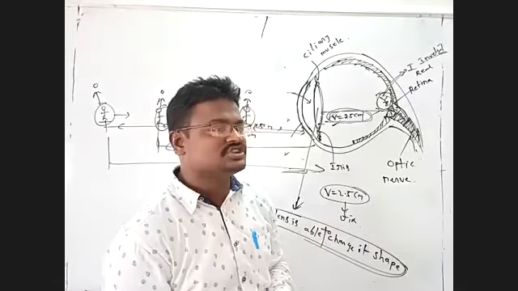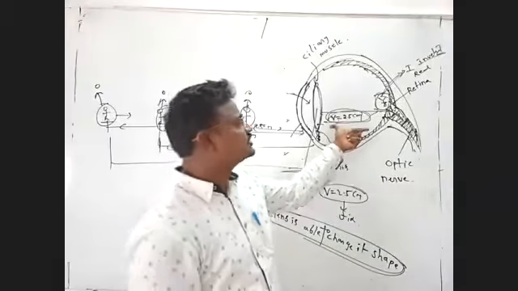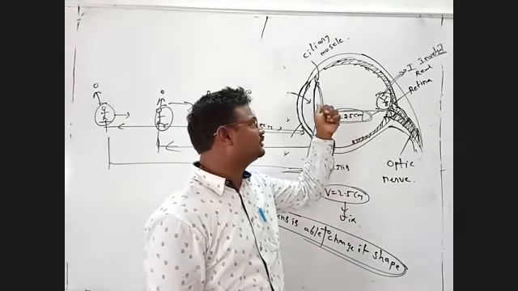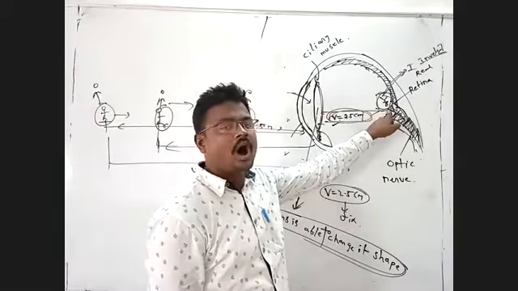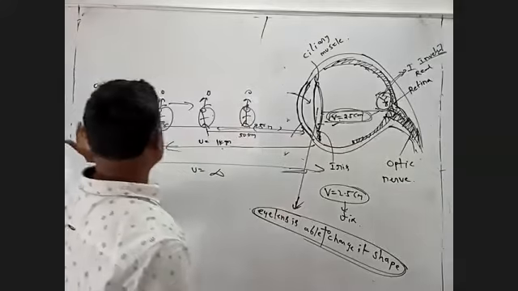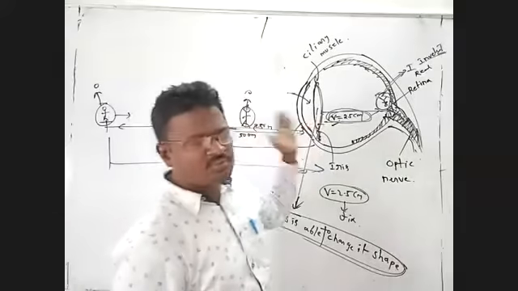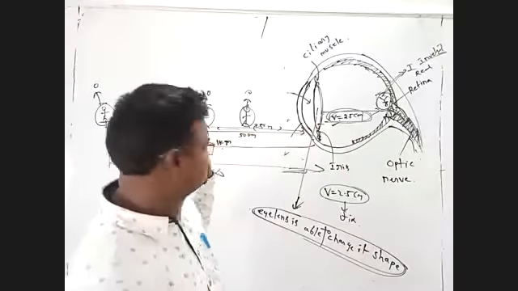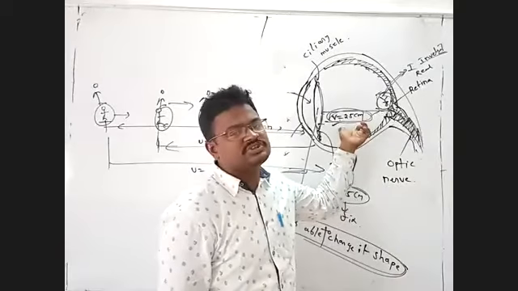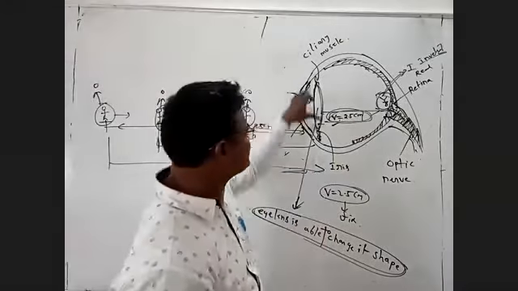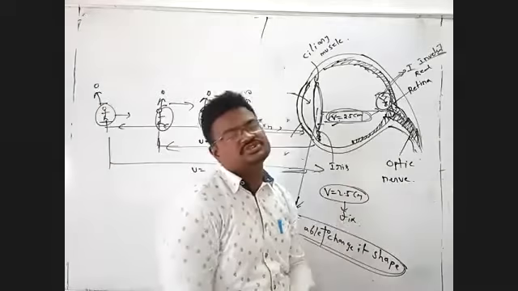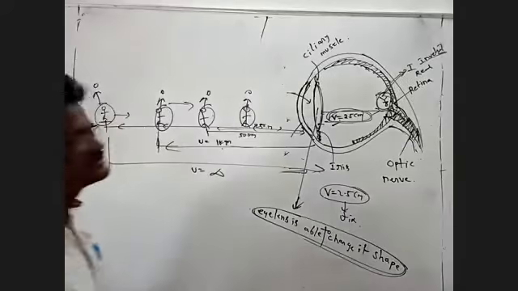Here, the distance between the lens and the retina is fixed, but the position of the object changes. The eye lens is able to change its shape. That is the reason.